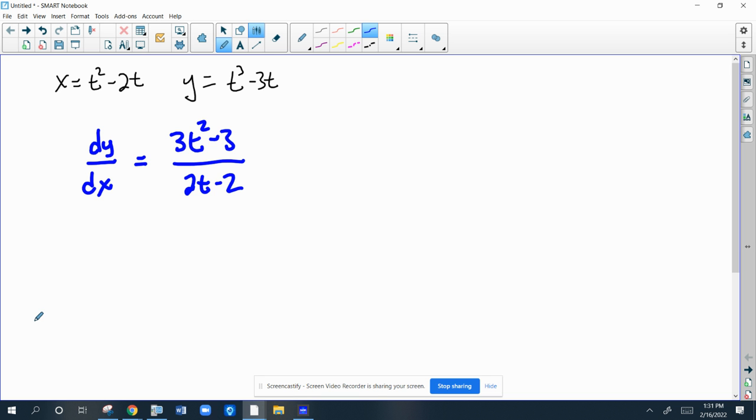And that's the first derivative. Now, according to this derivative, if we factor it, that would be t squared minus 1, so t plus 1, t minus 1, over 2 times t minus 1.